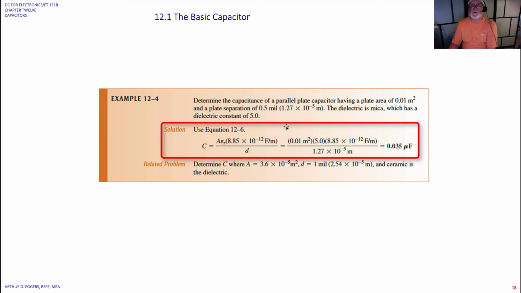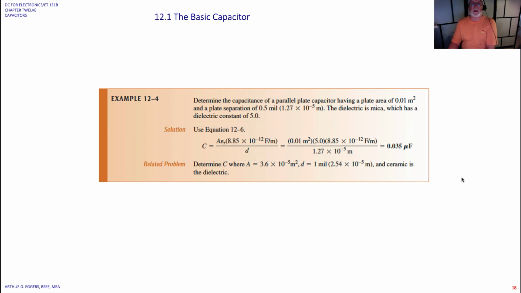You can see as we put the plate area, epsilon R times 8.85 times 10 to the minus 12 farads per meter, divided by 1.27 times 10 to the minus 5th distance in meters, we get 0.035 microfarads. Okay, so that's calculating the capacitance of a basic ideal capacitor.